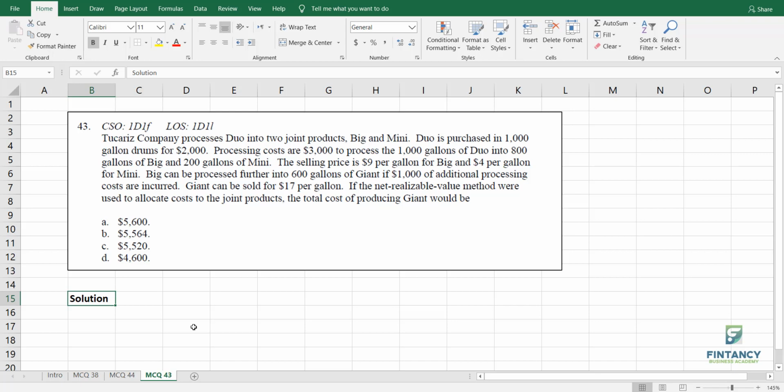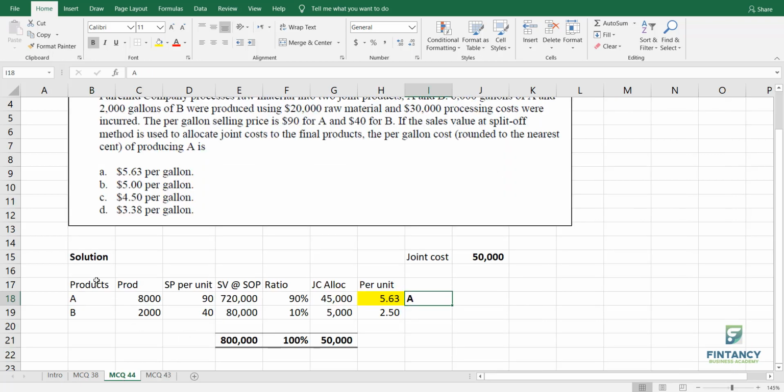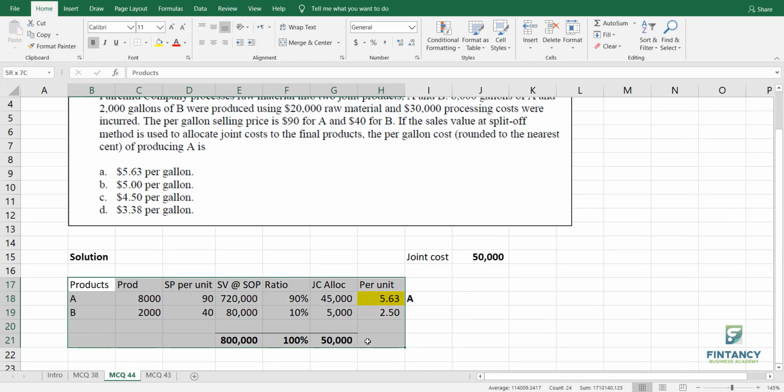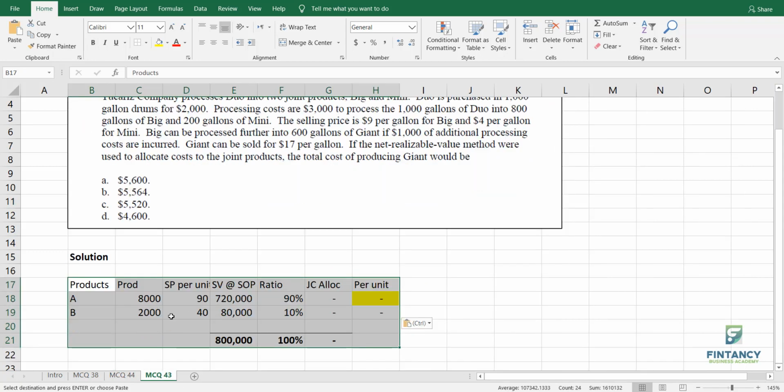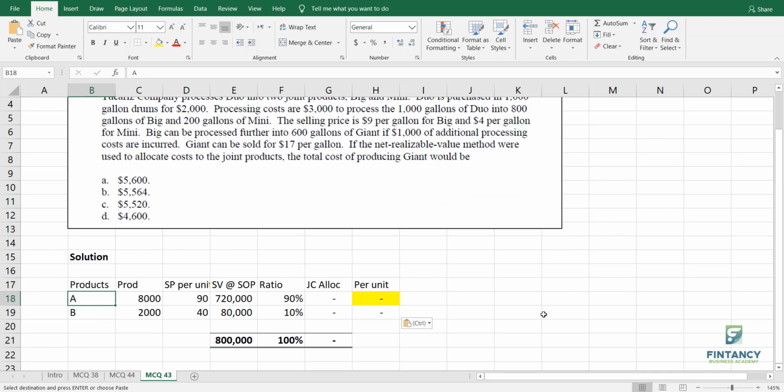So they say the company processes D into two joint products, big and mini. Okay. So let me copy that again. So product is big and mini, right?